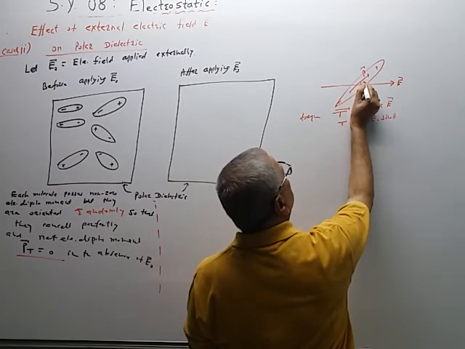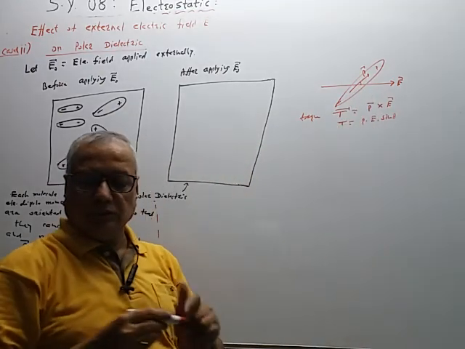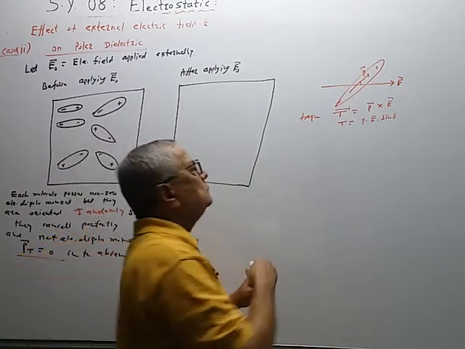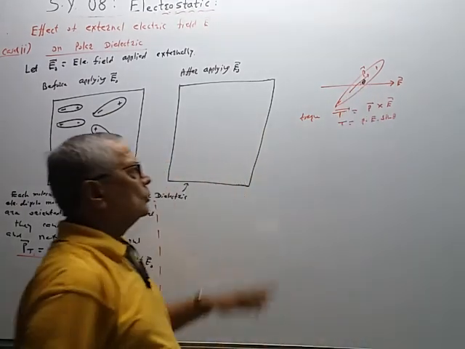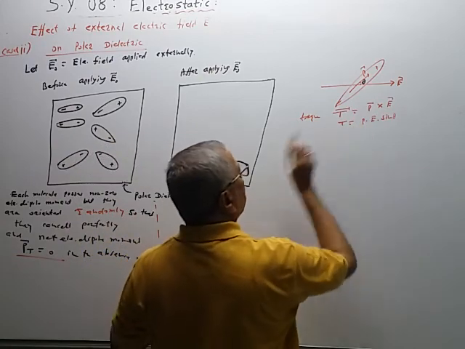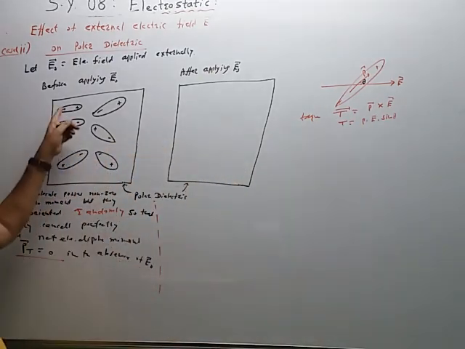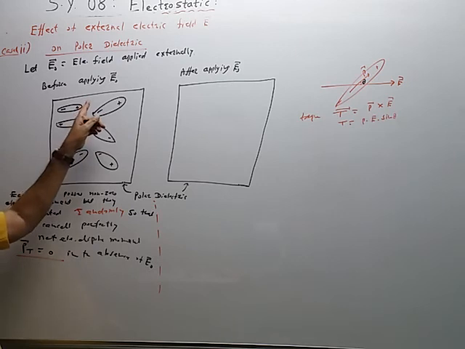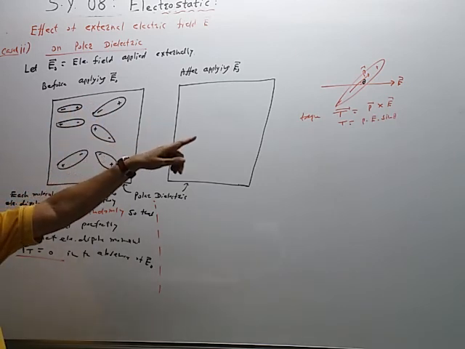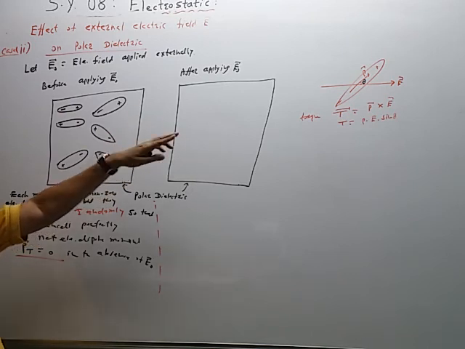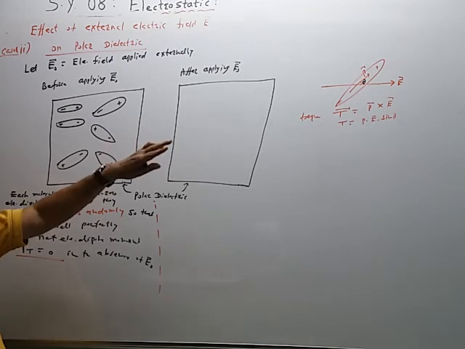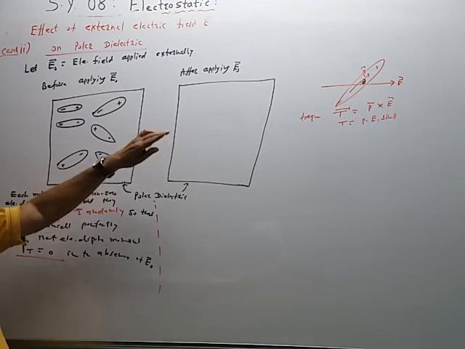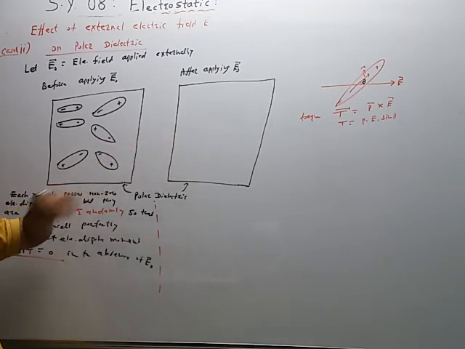So this angle is theta. So this is the torque acting on each natural dipole. On each natural dipole, some torque is acting, and because of this torque, the molecules get rotated because of this restoring torque, and therefore they get aligned like this.